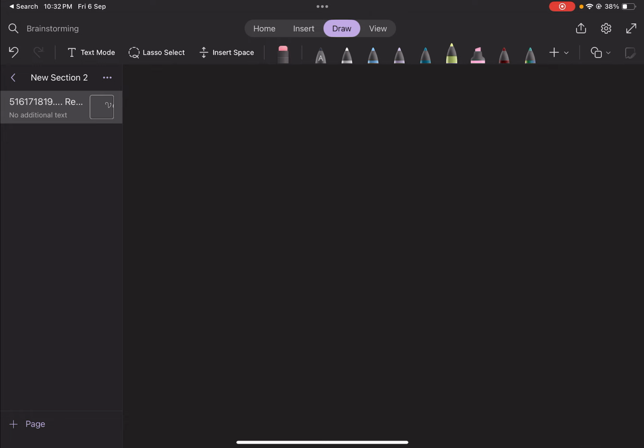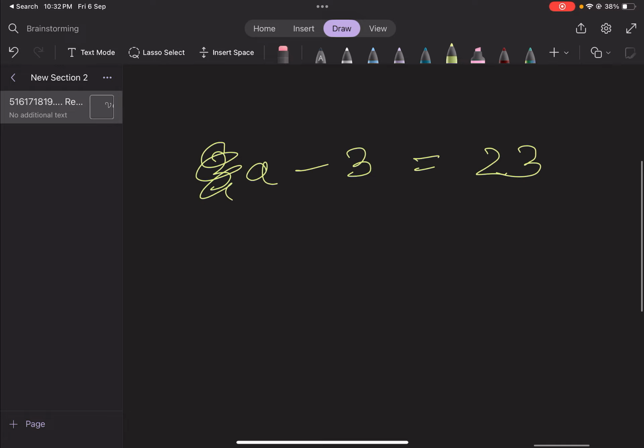Suppose I have a question like 3a minus 3 is equal to 23. Because I haven't discussed any question like this, I'm doing this. Right? Let's do one thing. Let's erase the number before a. Let's do this first.